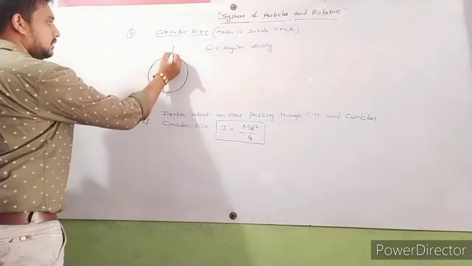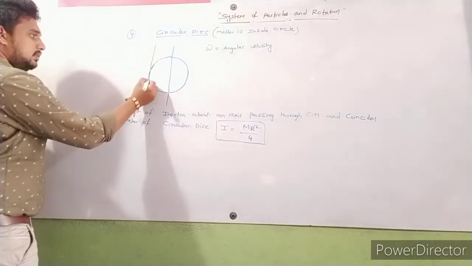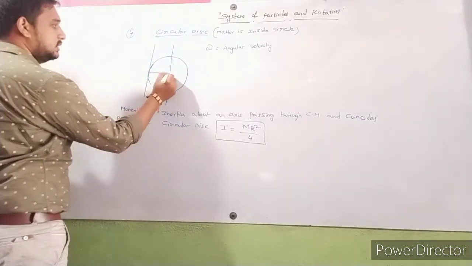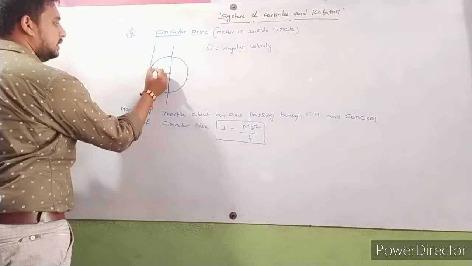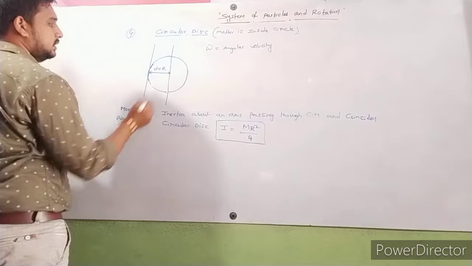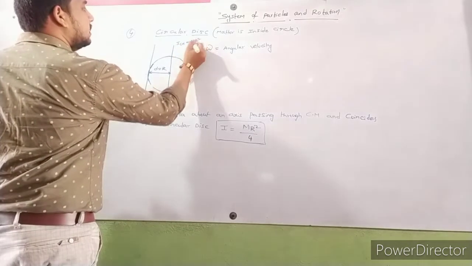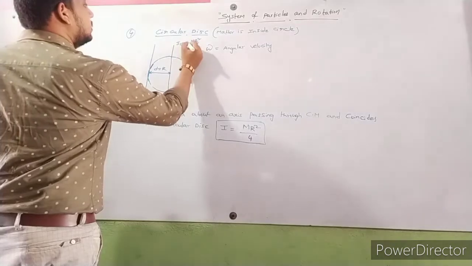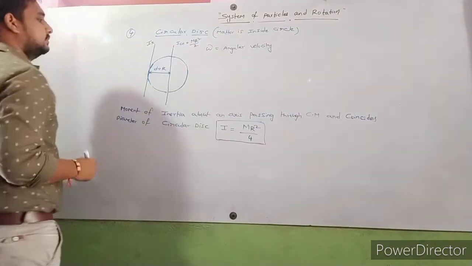This is one axis and this is another. This is the distance between them, d is equal to r, I consider. This is ICM, equal to mr square by 2. This is some Ix.